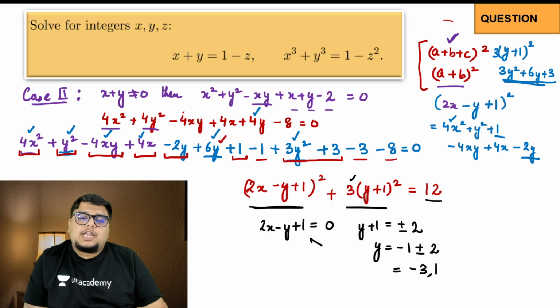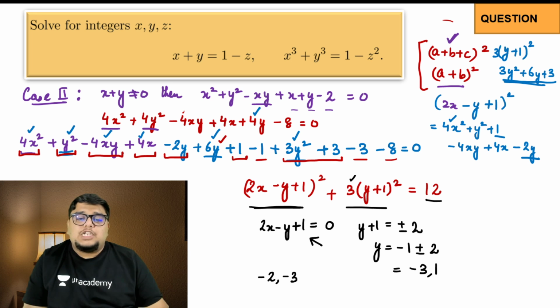Put that value in this equation. You will get the value of x. So I will put these values in this equation. I will first put the value of y as minus 3. So I will get 3 plus 1, 4. And it goes towards that side. Minus 4, so x comes out to be minus 2. So one solution is minus 2 and minus 3.